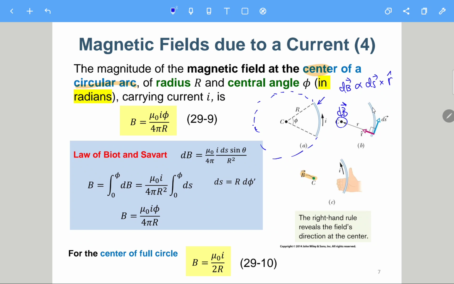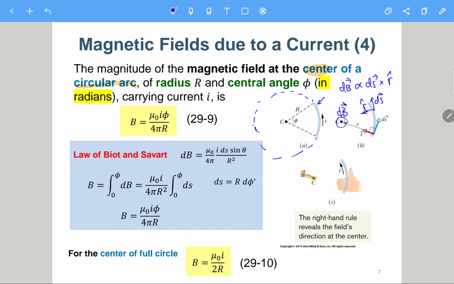No matter which position you are at, maybe you have a ds at this point, and r hat points to this side, you still have dB pointing in the same direction, out of the page.